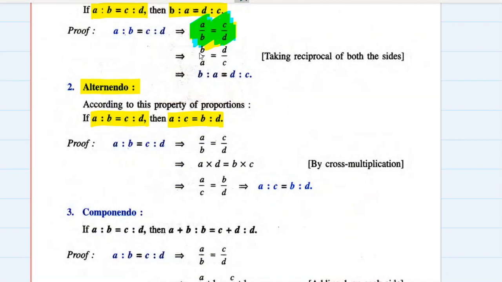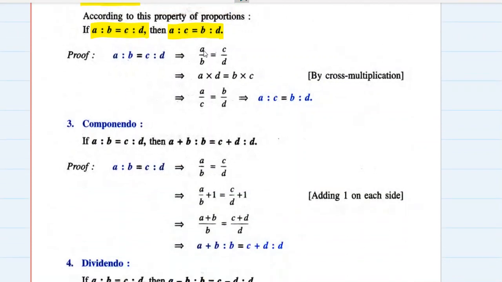In invertendo, it becomes B by A is equal to D by C. You see how the reciprocal has happened on both sides? But over here, if we have A by B is equal to C by D, it gets converted into A by C is equal to B by D. What has happened? B has taken C's place and C has taken B's place.